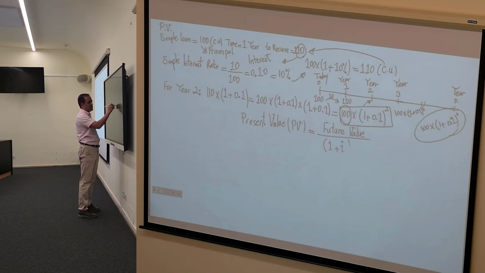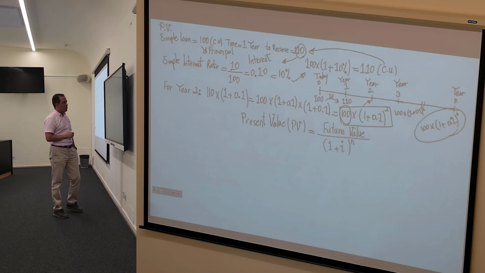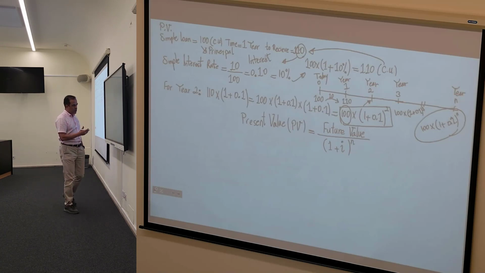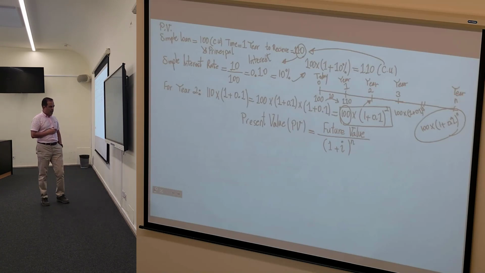So I, the interest, similar to the 10% that we have here, to the power of n. So this would be the present value and the relation with the future value.